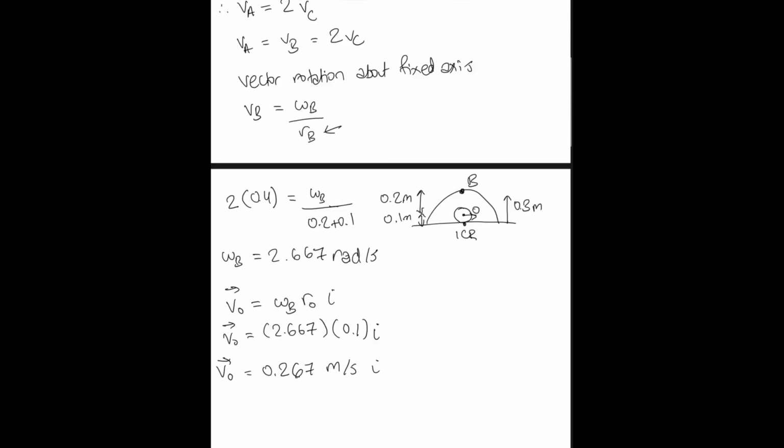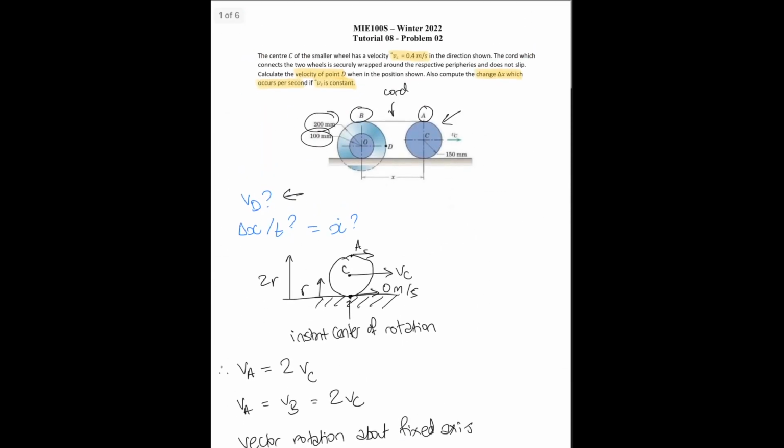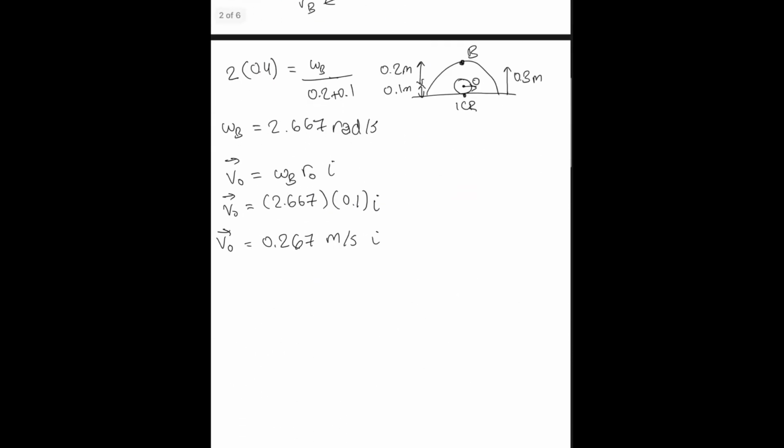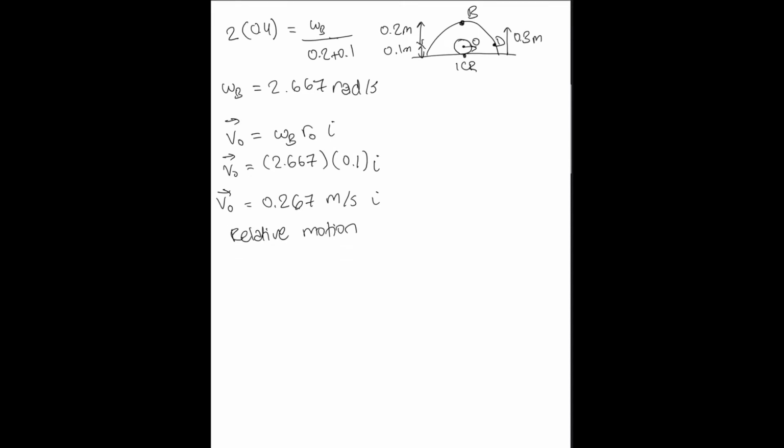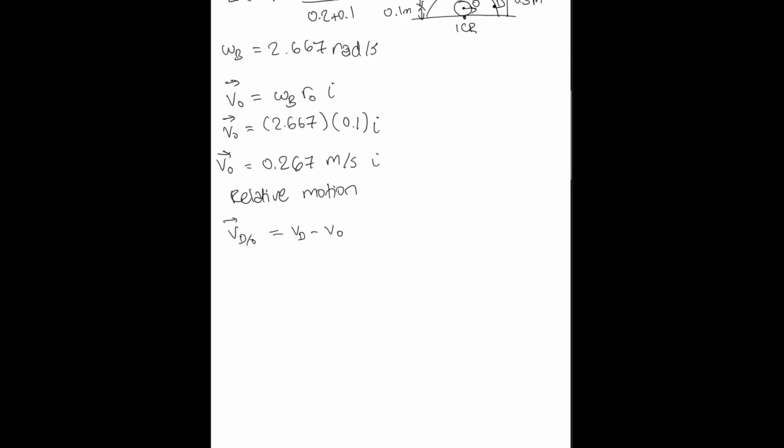And because, remember, we want to find VD over here, we can now relate VD with VO using the relative motion equations. So VDO is going to be equal to VD minus VO.